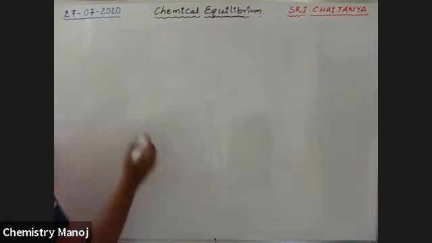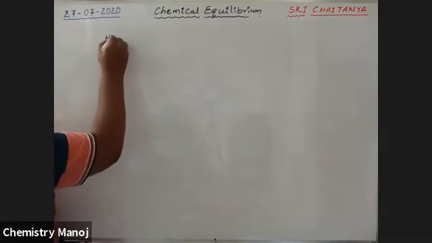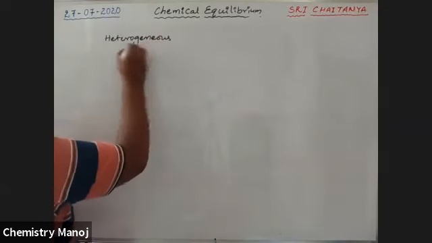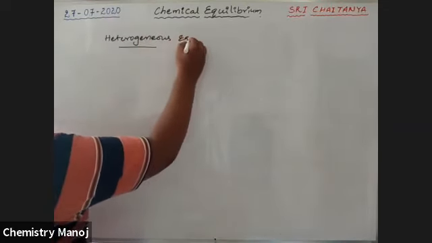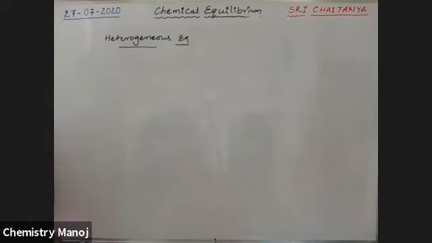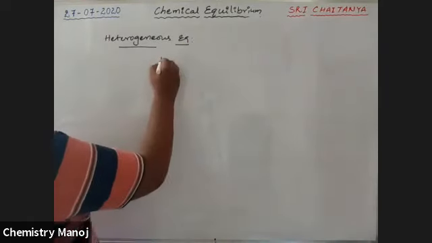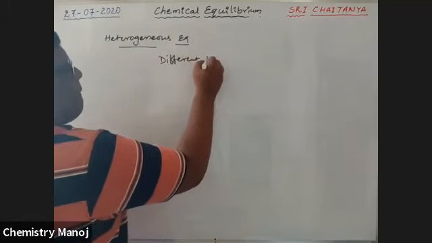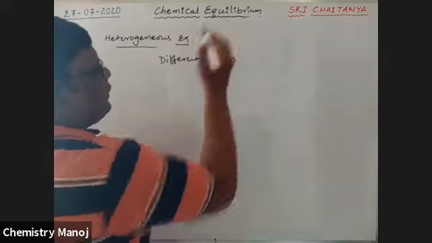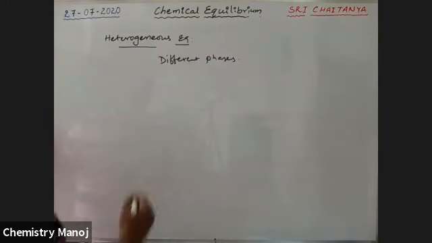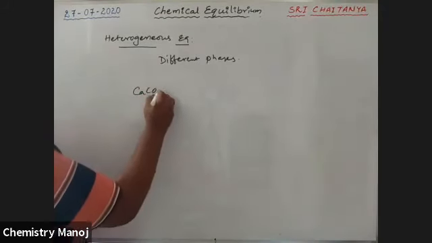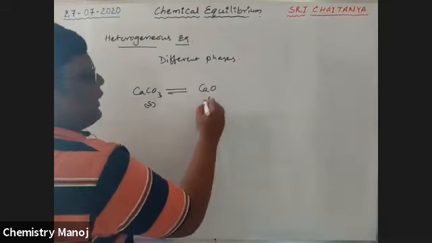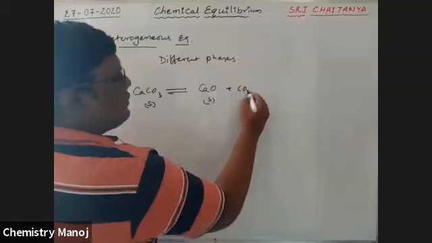So different phases exist. For example, CaCO3 solid is reversible with CaO solid plus CO2 gas.